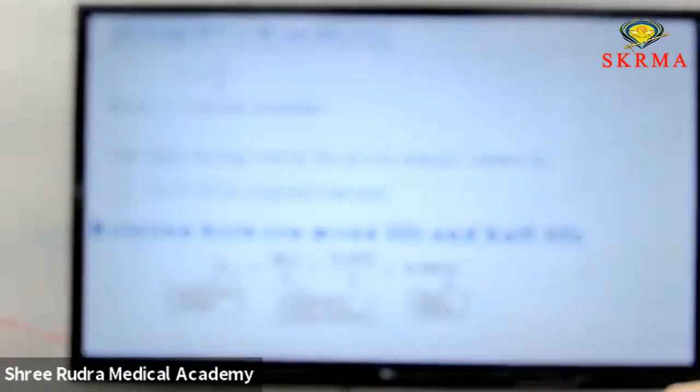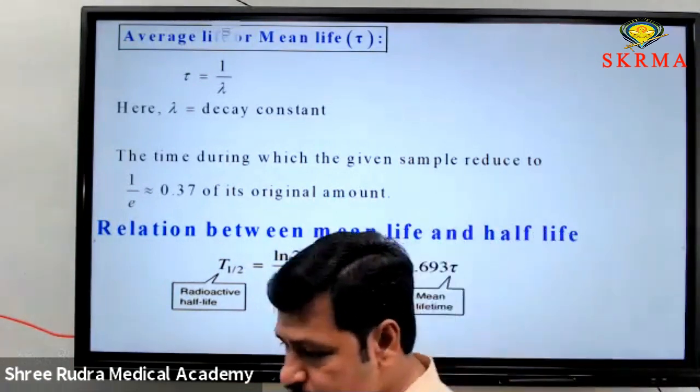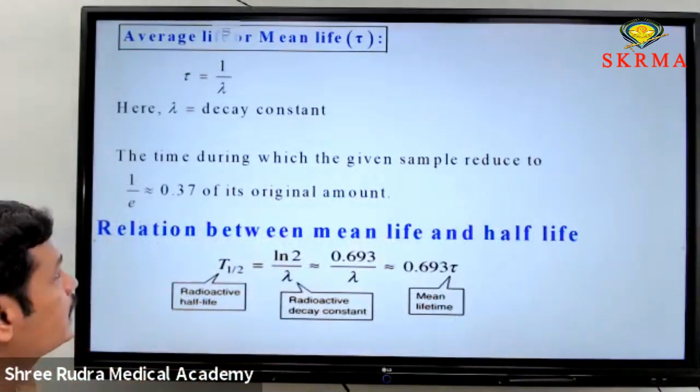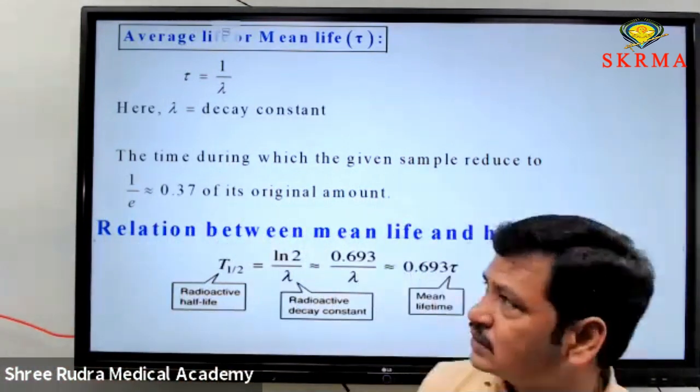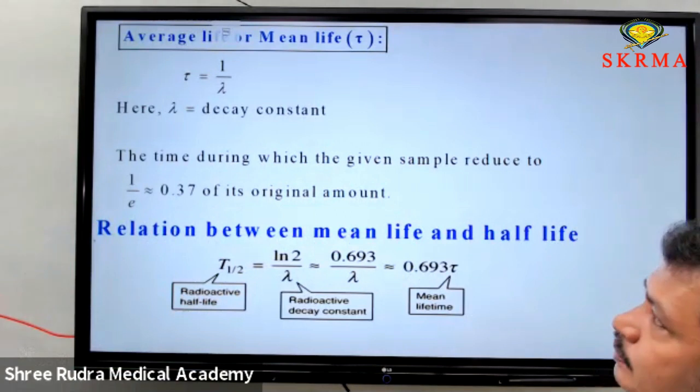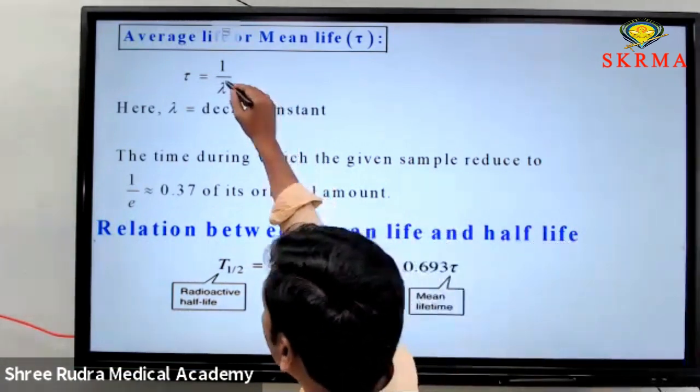The next one is average life or mean life. This is also important. The reciprocal of the decay constant lambda is called average life or mean life.